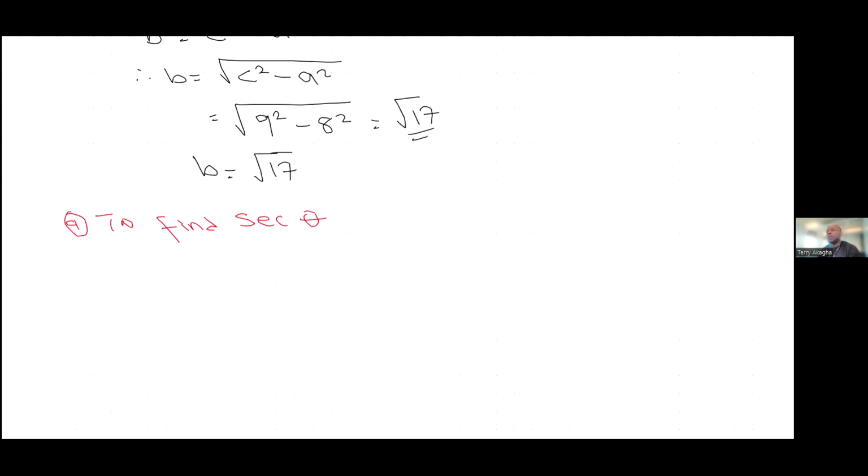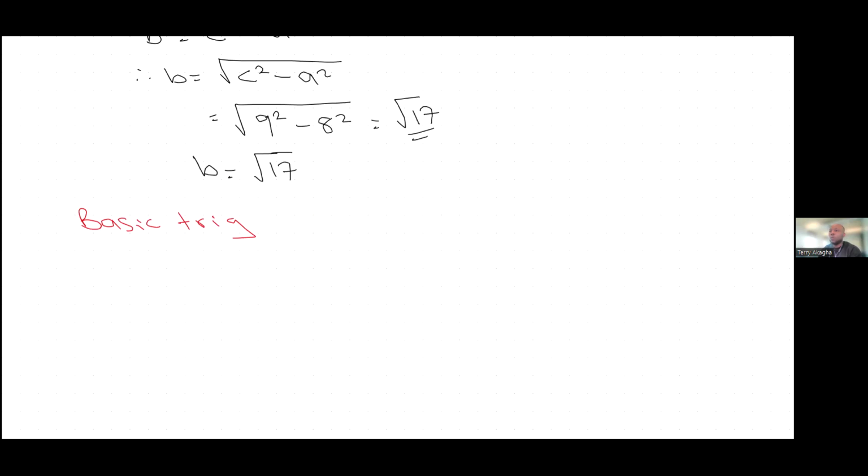And for me, to make it very easy, I would prefer to first find all the basic trig ratios for each of them, before we start finding the inverse of the basic ones, okay?